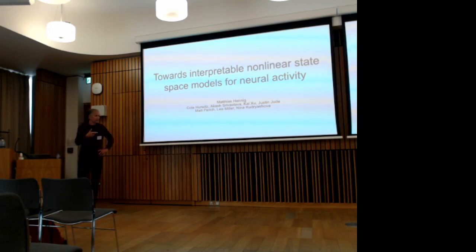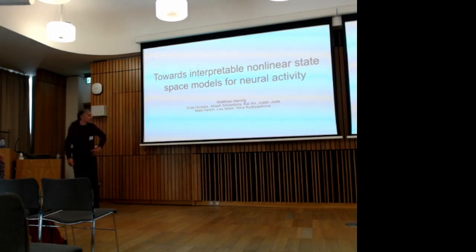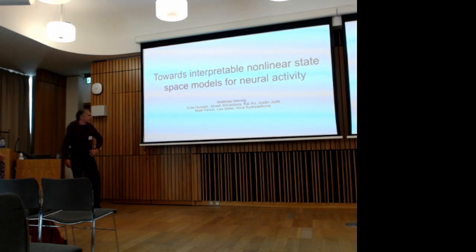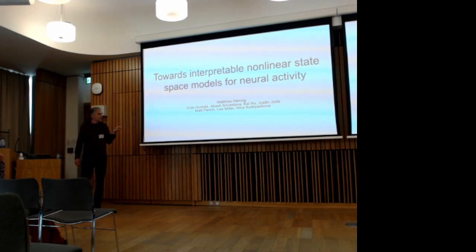Before I start, I'd like to mention who was involved in this project. A lot of the results I'm showing were done by Durstewitz, who was a PhD student here, is now a postdoc in Columbia, together with Akash and Kai, who advised us on the variational inference. Also, I will show some results from Justin Jude, who is here somewhere.